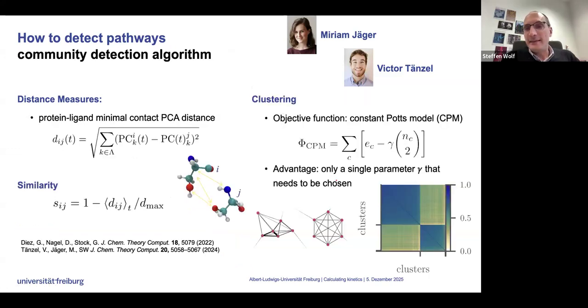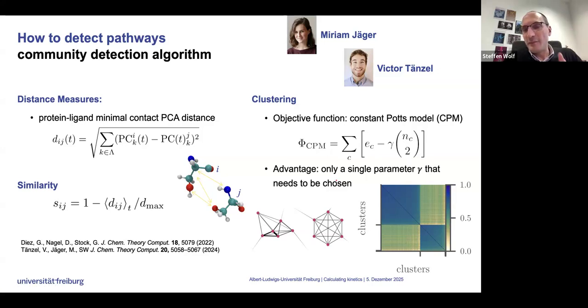we then take this similarity matrix and use machine learning to rearrange the whole similarity matrix into a block diagonal form that you see here on the bottom right by a so-called Leiden clustering with a constant Potts model, which tries to maximize the overall sum of similarities within separate clusters, against a reference value of similarities which is just distributed evenly, randomly between these different nodes.